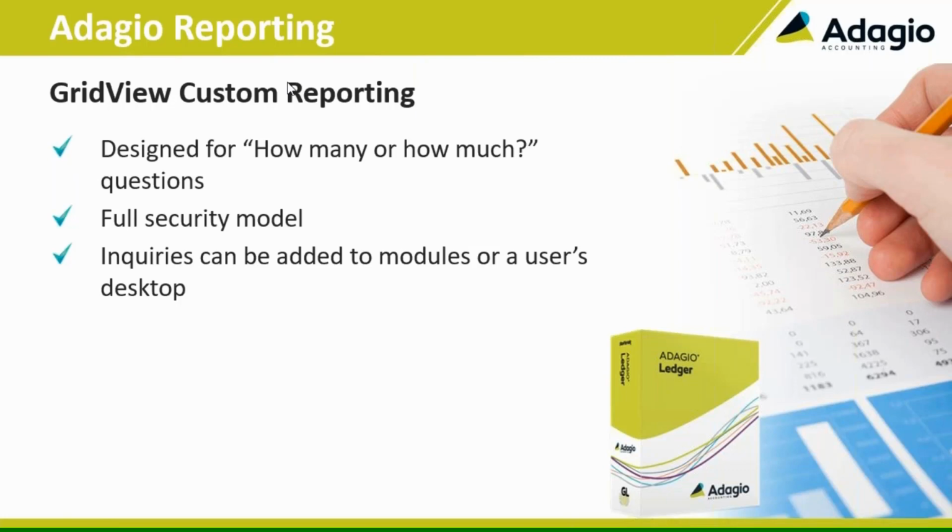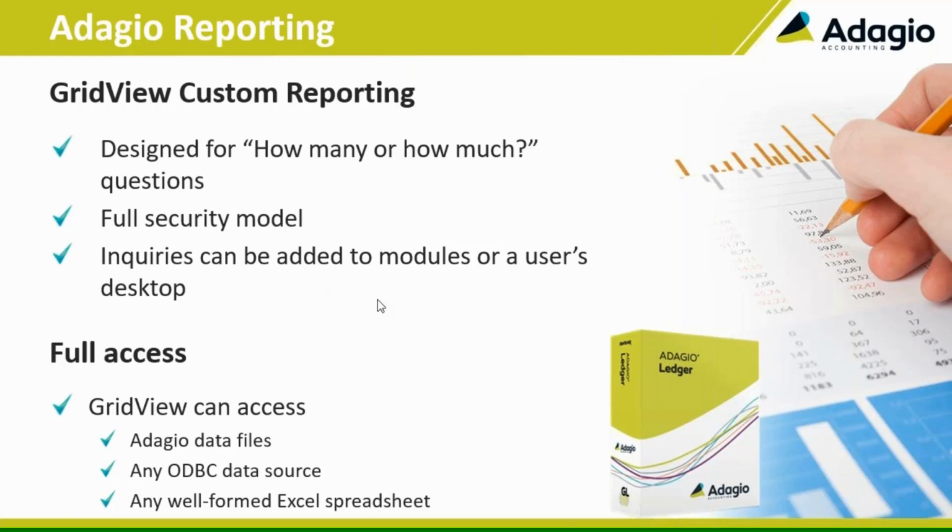But this tool allows you to put an inquiry function on that person's desktop to let them either have a restricted view of the data that you control or what they're allowed to see, or allows them to go and poke around to their heart's content. And since the tool is read only, it does not impact any of the processing speed or performance for the other people working in the accounting environment.